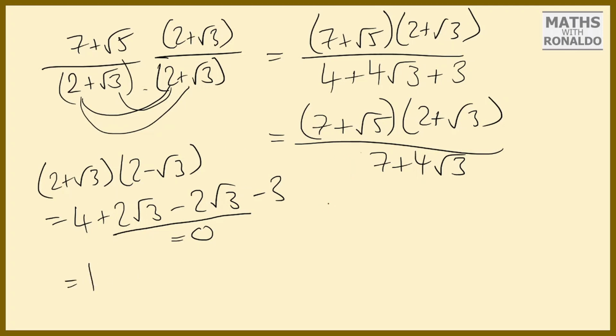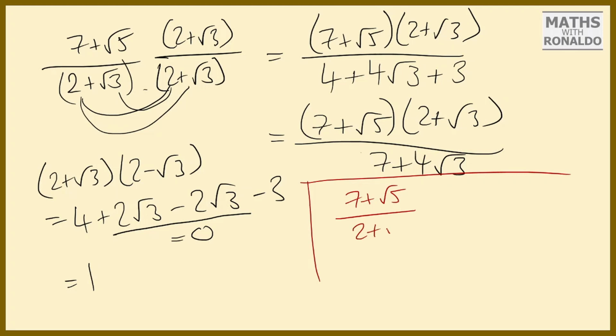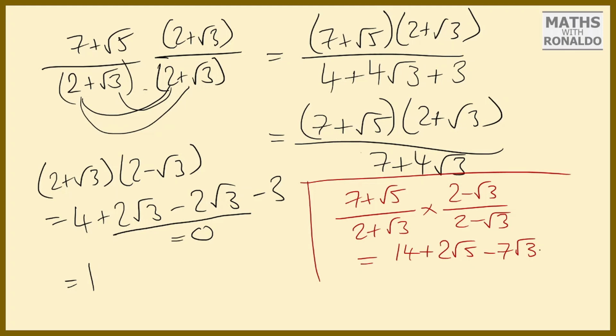If we do that properly, so if we said 7 plus root 5 over 2 plus root 3 times 2 minus root 3 over 2 minus root 3, on the top, well, we'd get 14 plus 2 root 5 minus 7 root 3 minus root 15, and on the bottom we would get 1, as we have demonstrated here.